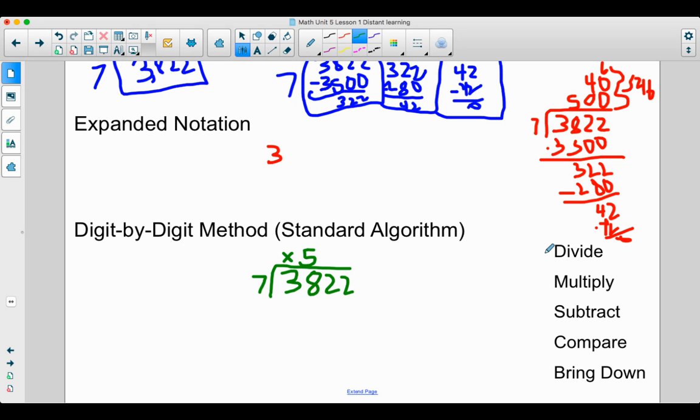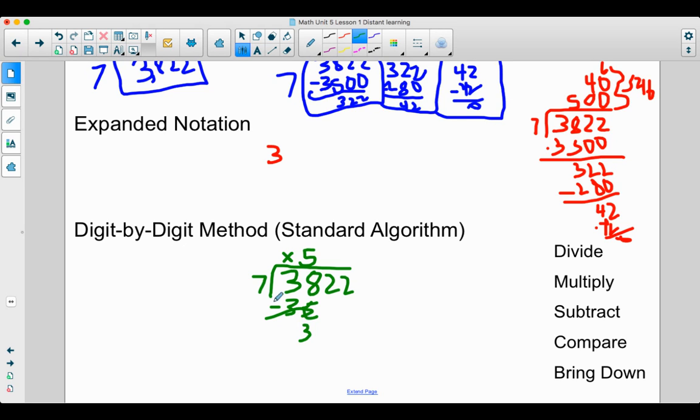After I divide, I multiply. 5 multiplied by 7 is 35. So I took out 5 groups of 7. I had to multiply 5 by 7 to say 5 groups of 7 is 35. Now I'm going to subtract to see how many I didn't take out yet. Oops, that's a pretty good line there, Mr. Springer. I get 3 left.